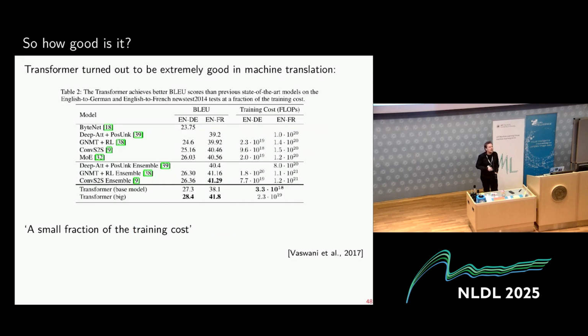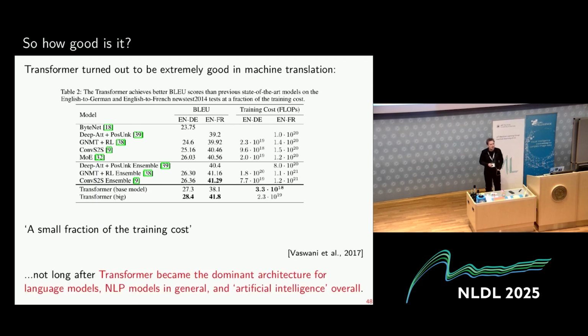Right. So yeah, you can look at this slide later. It's just a table from this seminal paper by Vaswani et al., which shows how good the transformer used to be for machine translation back then in 2017. So it was better than its competitors at a small fraction of the training cost.